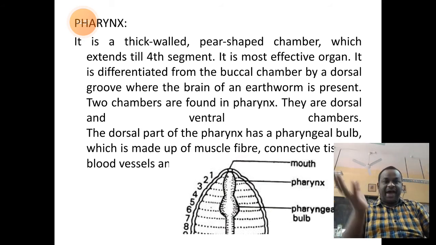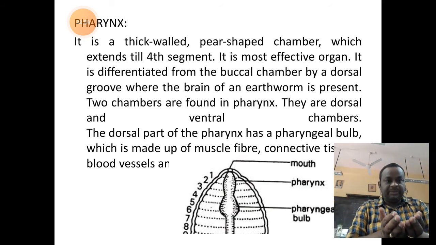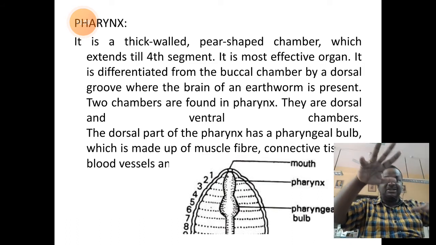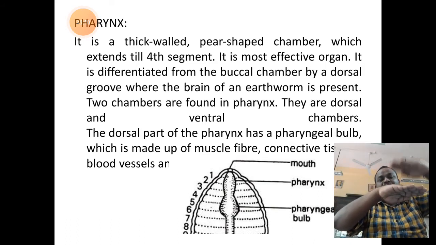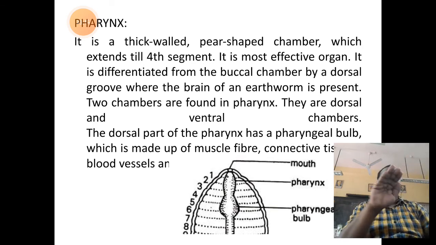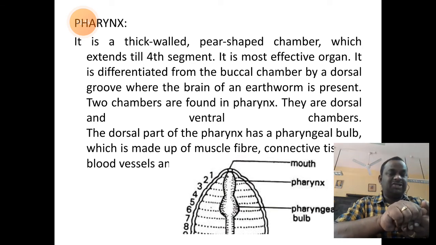The structure of the pharynx, which is pear-shaped, like a papaya, has a longitudinal fold. This fold divides the chamber of the pharynx into an upper chamber and a lower chamber. The upper chamber we call the dorsal chamber, the lower chamber we call the ventral chamber.